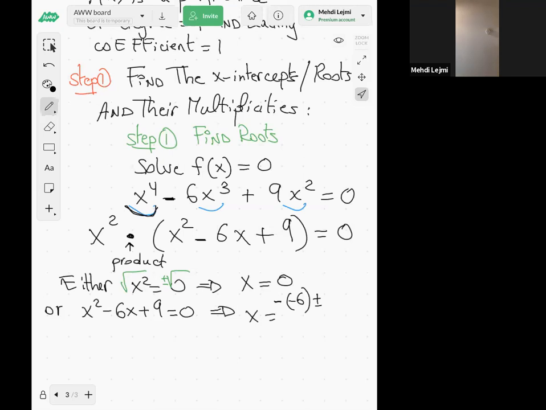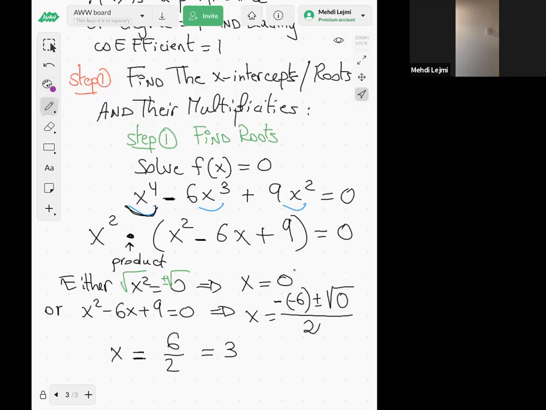So we have 36 minus 36, plus or minus the square root of 0, over 2a, over 2 times 1. So we're going to have just one solution here. Minus negative 6 is positive 6 over 2, so x is 3.